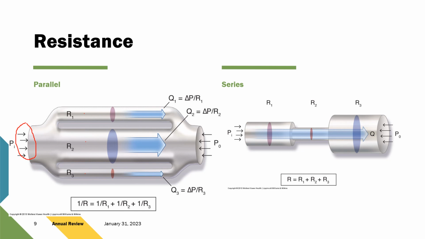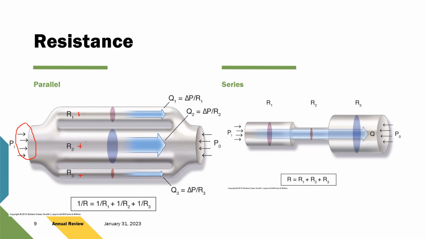The equation for this would be 1 over resistance equals 1 over resistance 1 plus 1 over resistance 2 plus 1 over resistance 3, and that would give us our 1 over resistance in parallel formation.